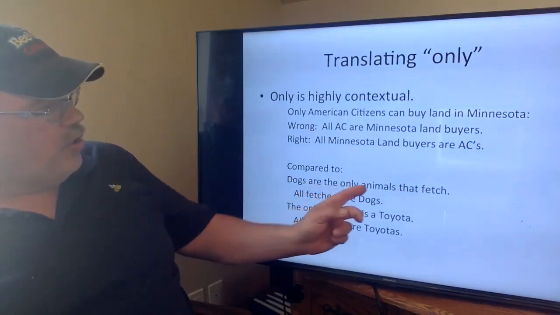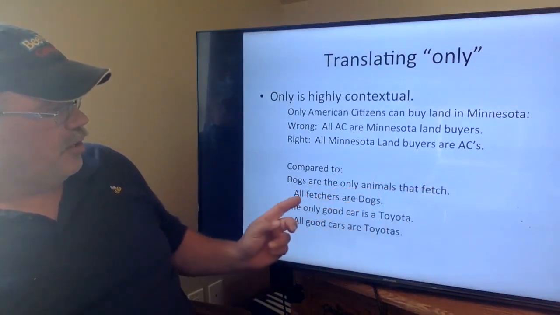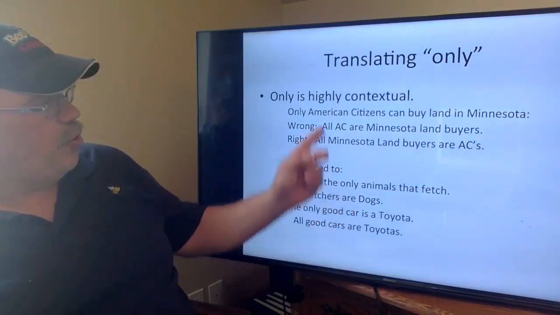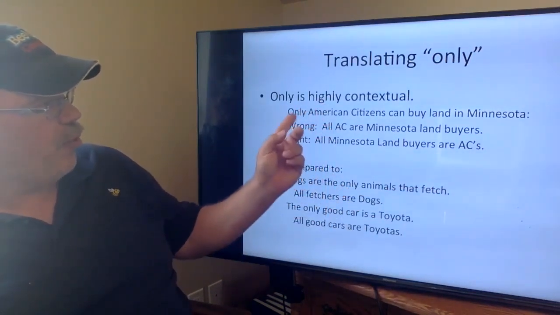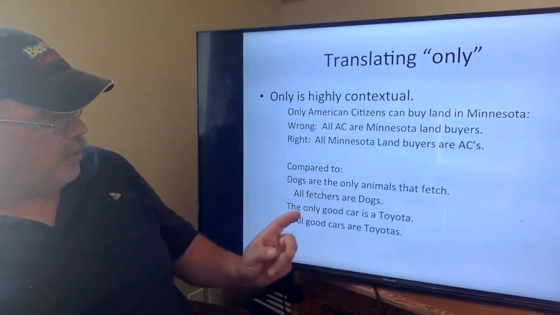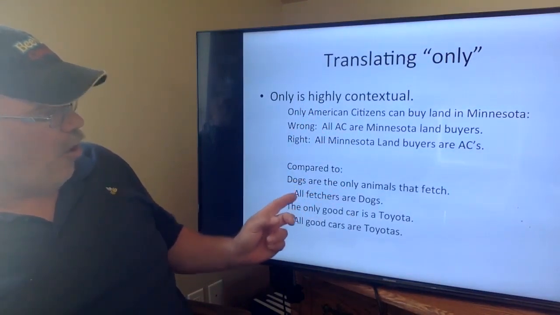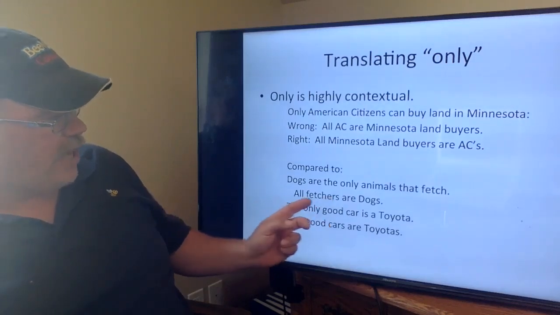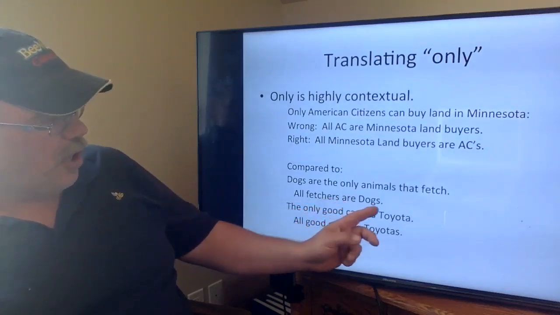Dogs are the only animals that fetch. So should we have this reverse when we have the word "only" in a sentence? Well, when it's "the only," we would say all things that can fetch, all animals that can fetch are dogs.